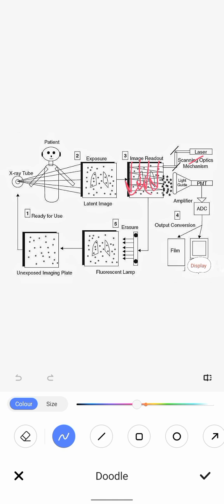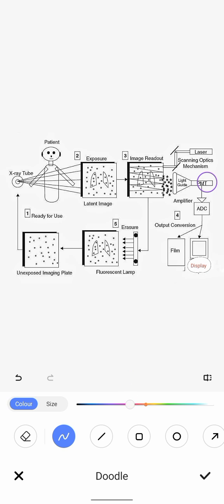After losing their energy in the form of light, the light emitted from the electrons as they come to the ground state is usually blue-purple light. In front of this imaging plate is the photomultiplier tube. What is the function of the photomultiplier tube?